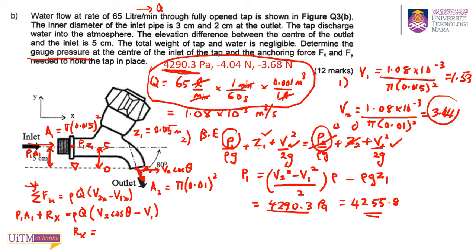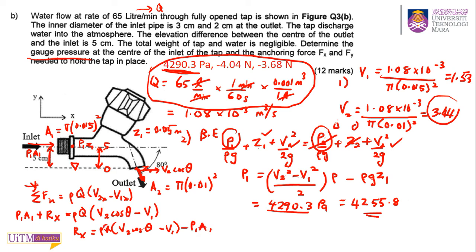Just put back lah the value. Rho Q V2 ni semua, V2 cos theta minus V1 minus P1A1.